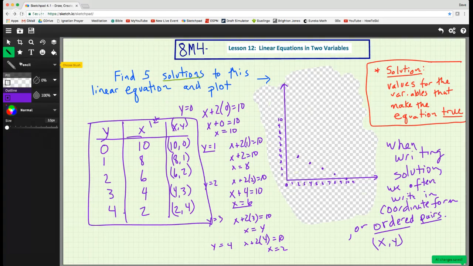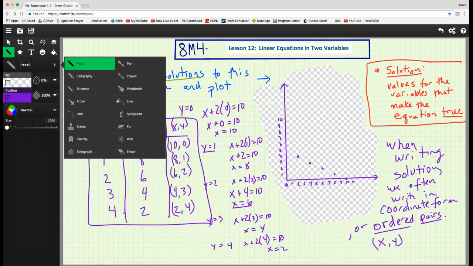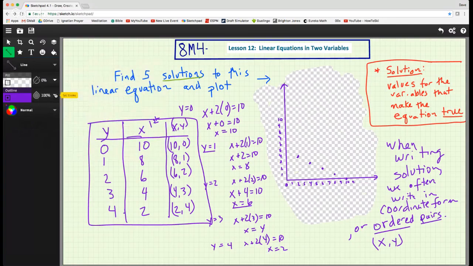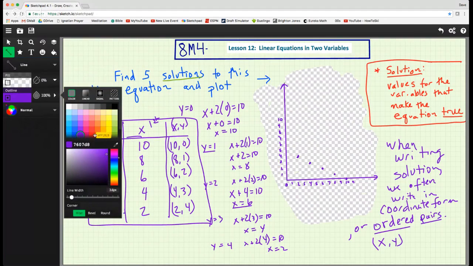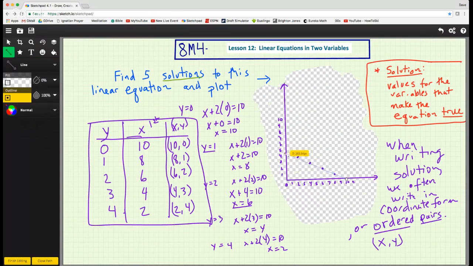So you can see, and now we can make our line. So this should make a straight line. I made my graph a little bit wonky, but let's make this in yellow. And you can see we have a nice straight line through all of our points. And so that's how we create our 5 solutions, and then we make our graph.